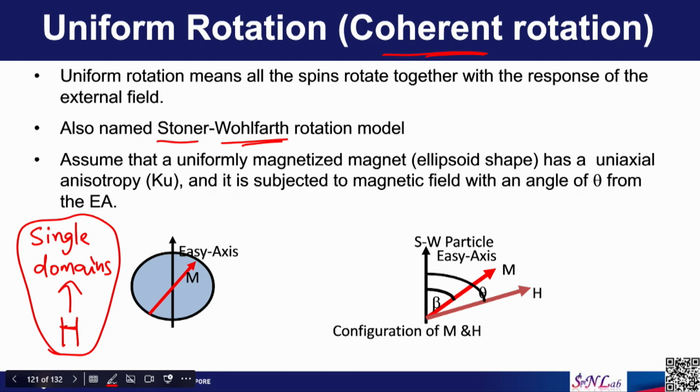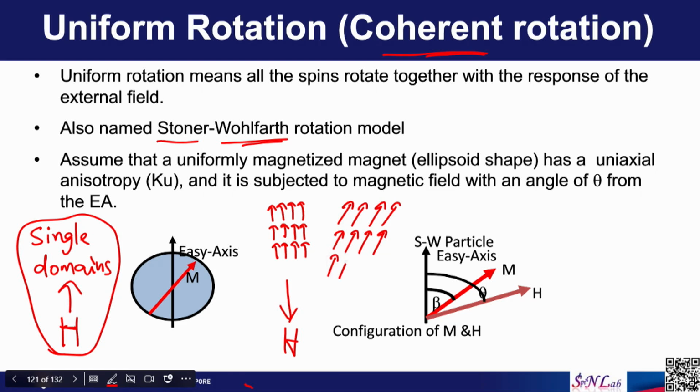So, here they undergo coherent rotation, which means when you apply magnetic field, let us say initially all the spins within this particle are parallel, pointing like this. Let us say you apply magnetic field in this direction. So, when they go from up to down, at some point of time maybe all the spins are like this. Okay.